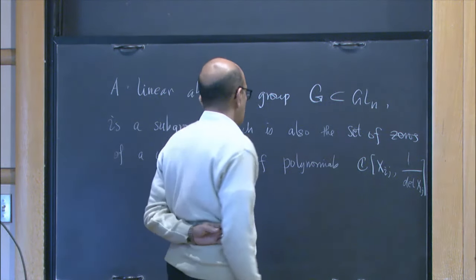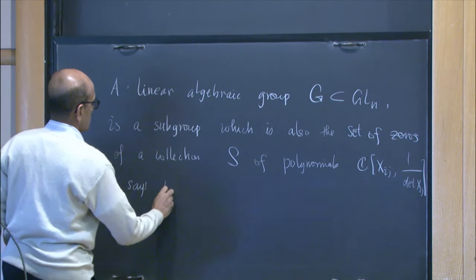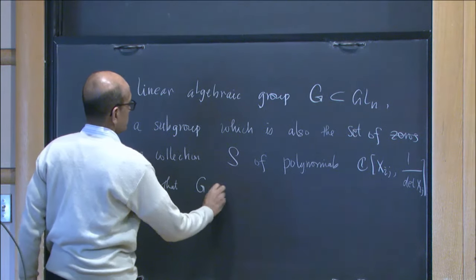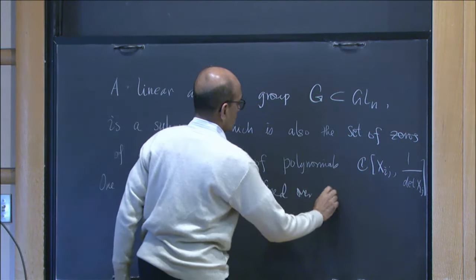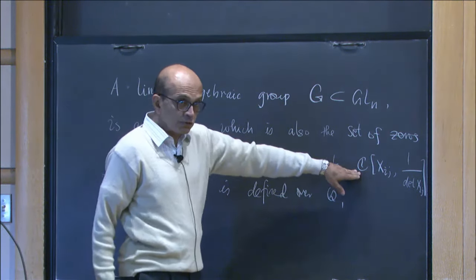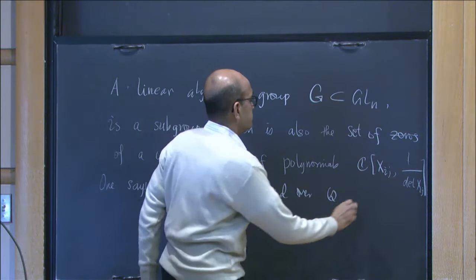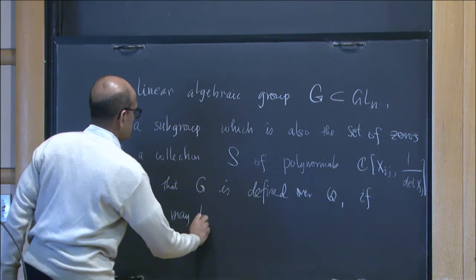So one says that G is defined over Q if you can take the set of polynomials to have rational coefficients.